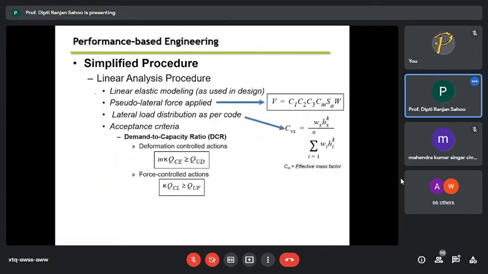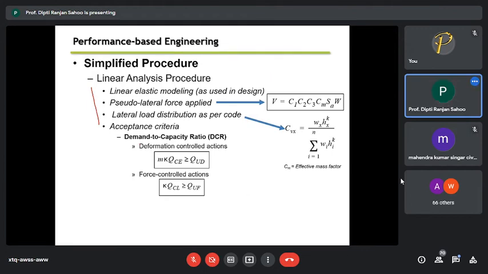Okay, there are some linear analysis procedures also, linear analysis methods, because pushover analysis is non-linear analysis. In the linear analysis, it is more or less the similar thing. The only thing is that you calculate the pseudo lateral force, and you try to find out for each member, when you do the linear analysis, what is the force coming to a member and what is the capacity of that.